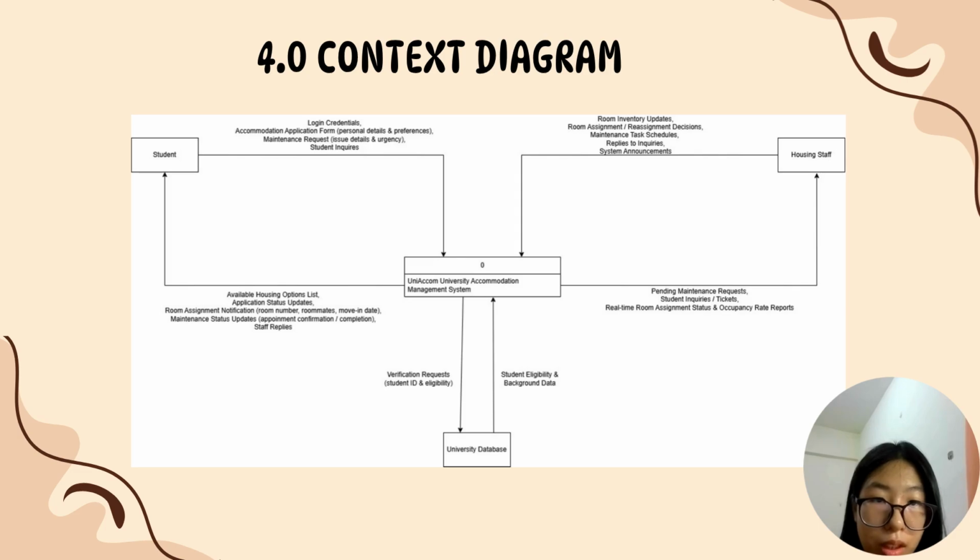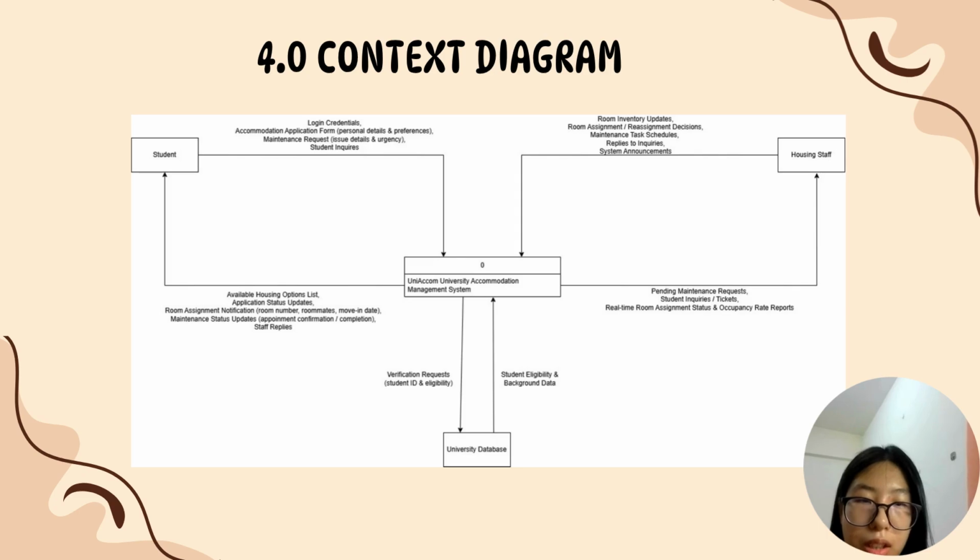So we have identified three key external entities interacting with the system. They are the student, the housing staff, and the university database.